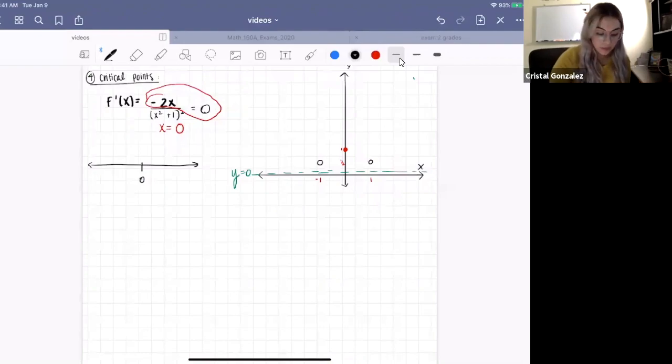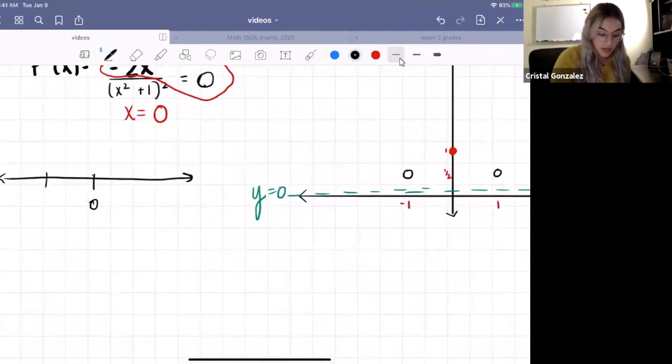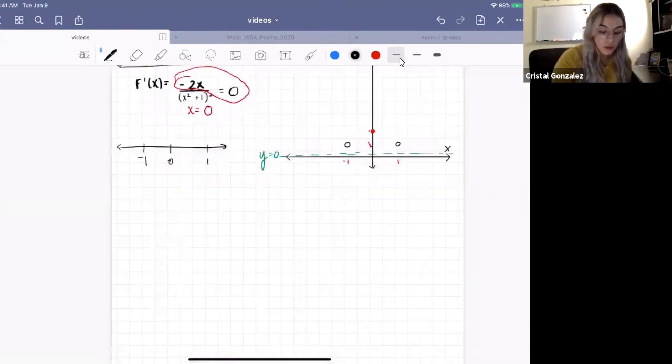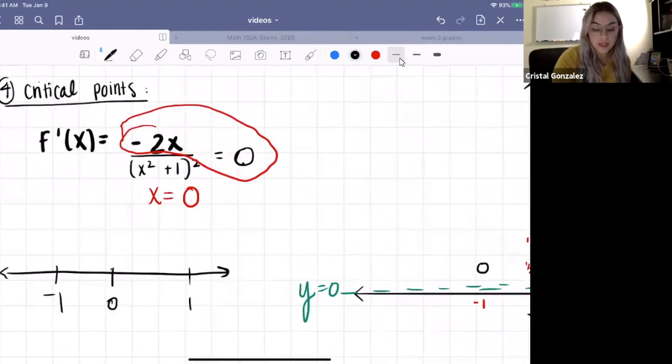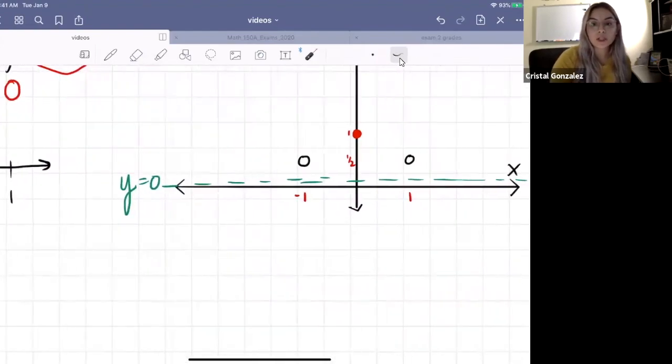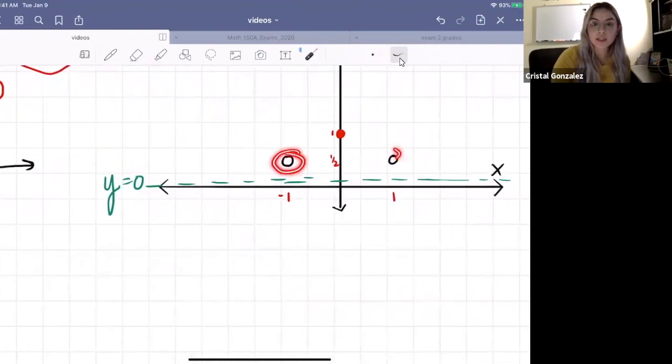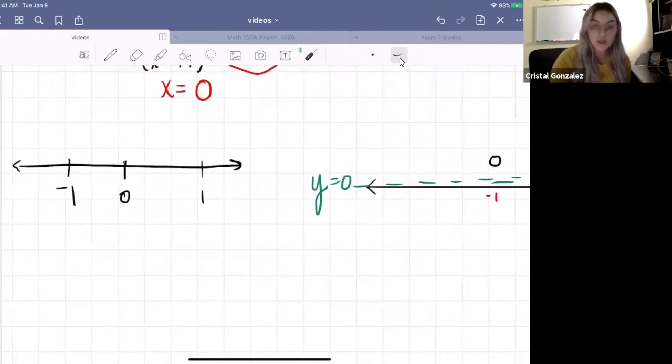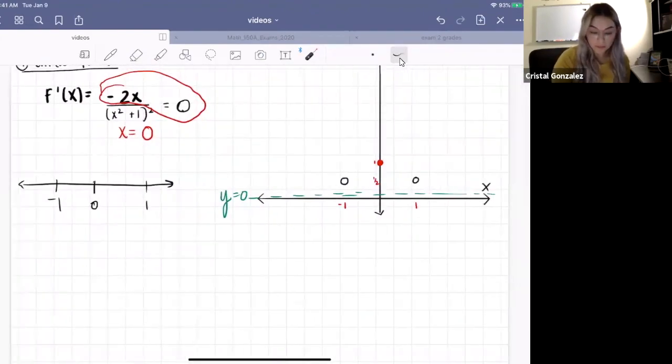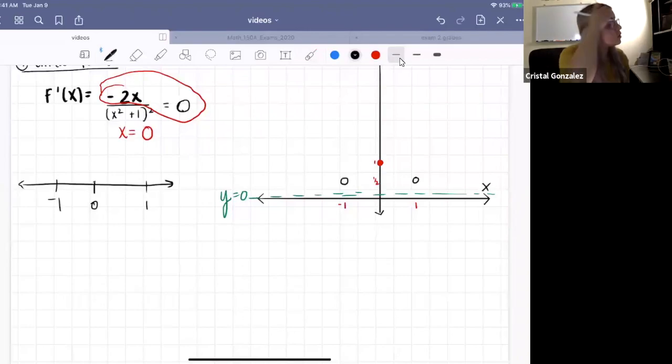So we need to check also -1 and 1. Because although it might seem like it is differentiable here, it's actually not, because our function is not continuous at these spots. And remember, we can't take a derivative of something if it's not continuous there. So those are also critical points as well. So these are all good things to know.